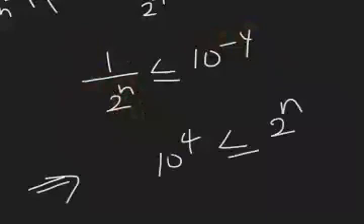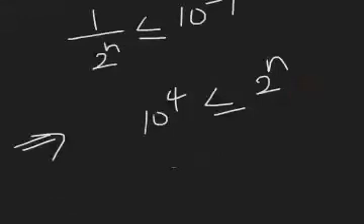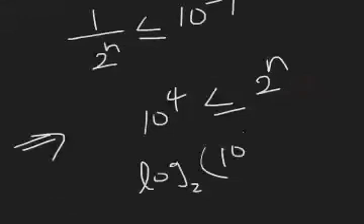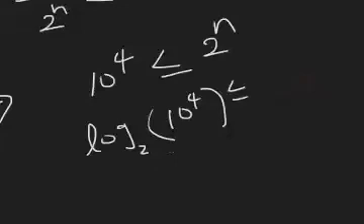If you want to bring this exponent in front of 2, you have to take log base 2 on both sides: log base 2 of 10 to the power 4 less than or equal to log base 2 of 2 to the n.